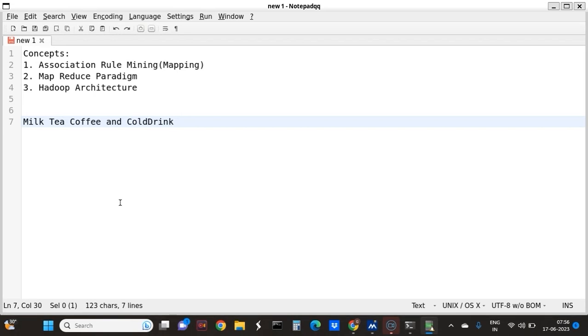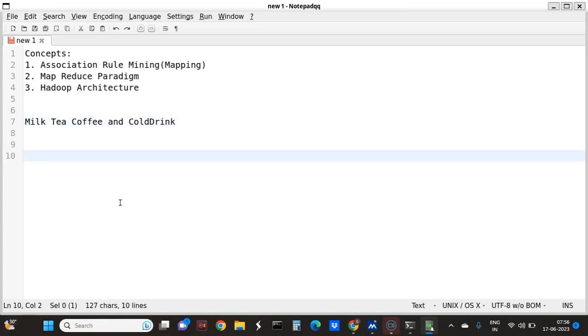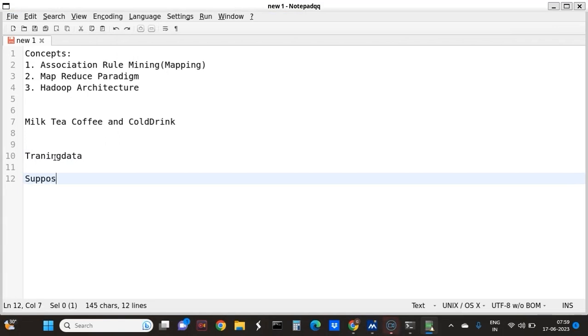So now what is happening is I have a training set. A training set is a collection of data, suppose I have 2 lakh customers.